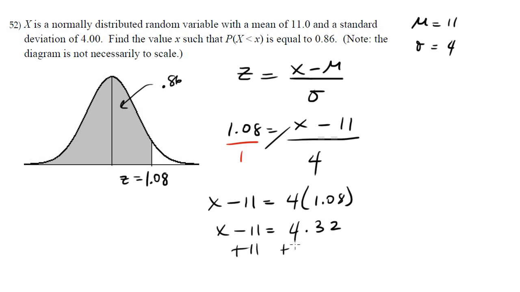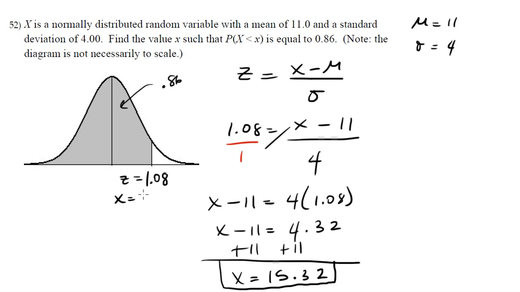Add 11. X equals 15.32. And that is your x value. So z equals 1.08, x equals 15.32 in normal numbers versus the standard normal values.